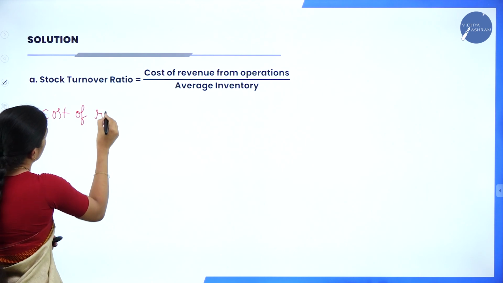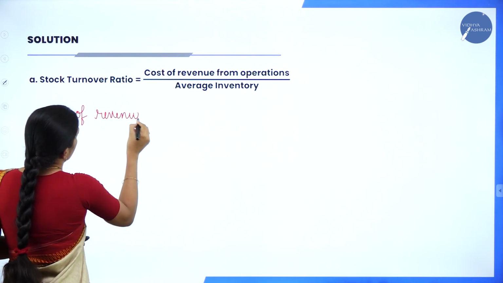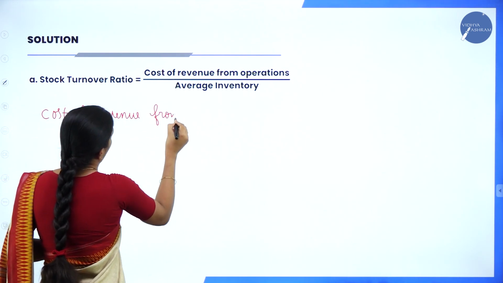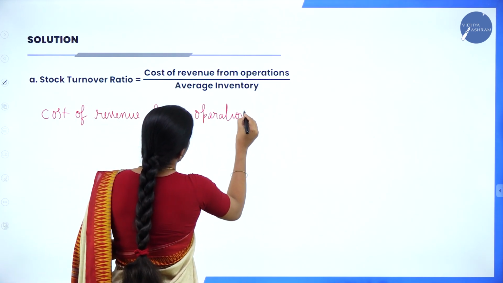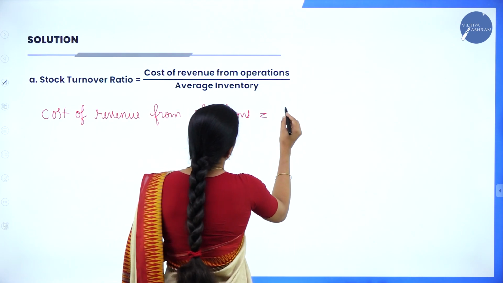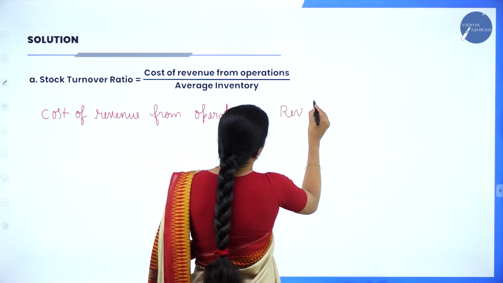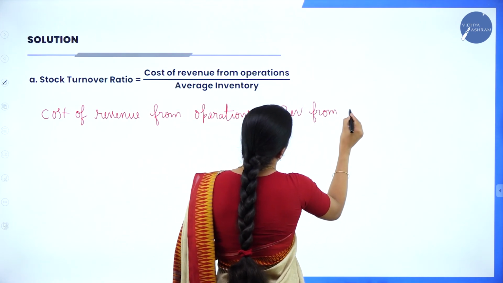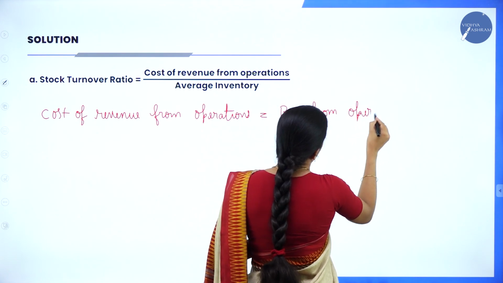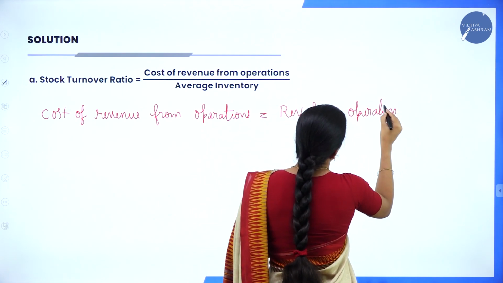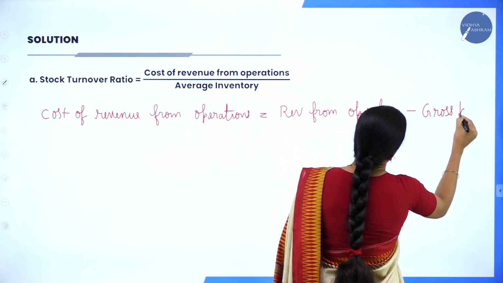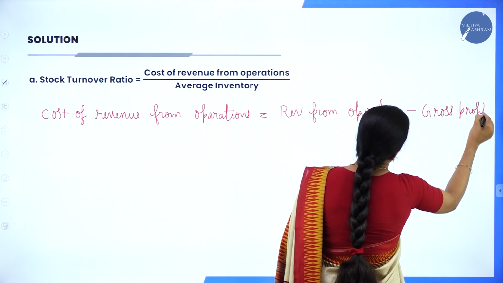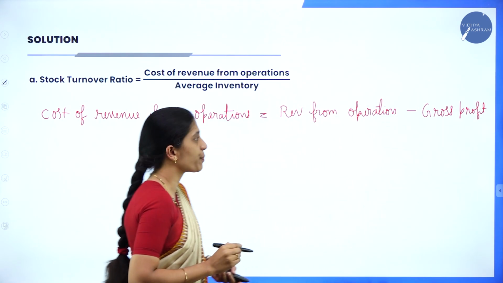Cost of revenue from operations is equal to revenue from operations minus gross profit.